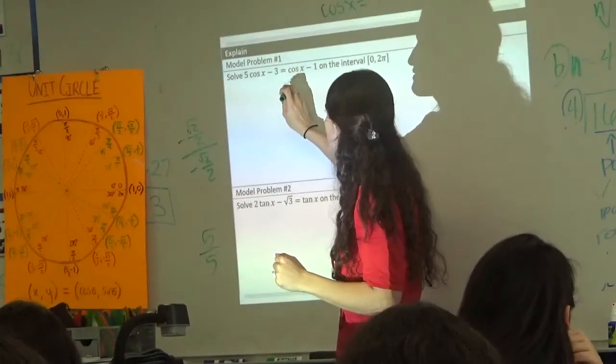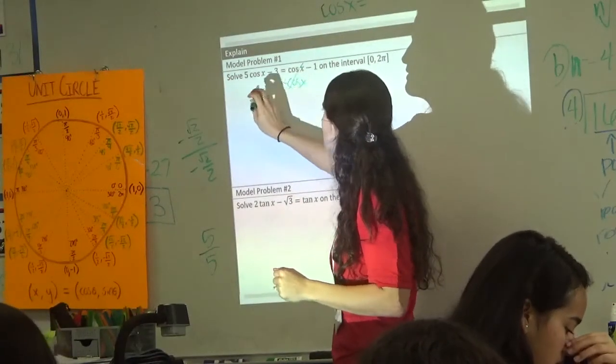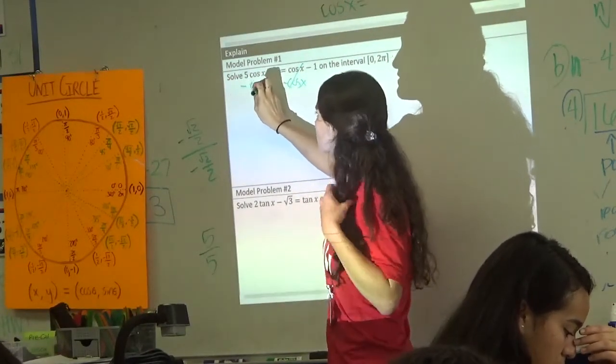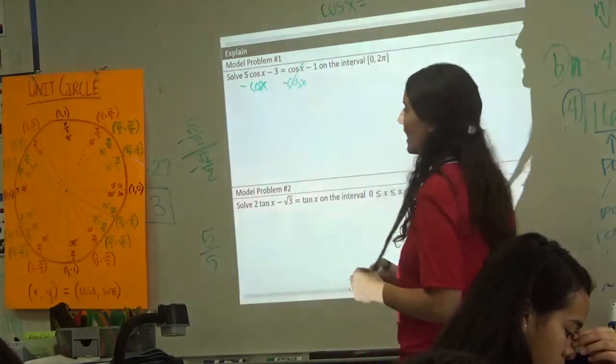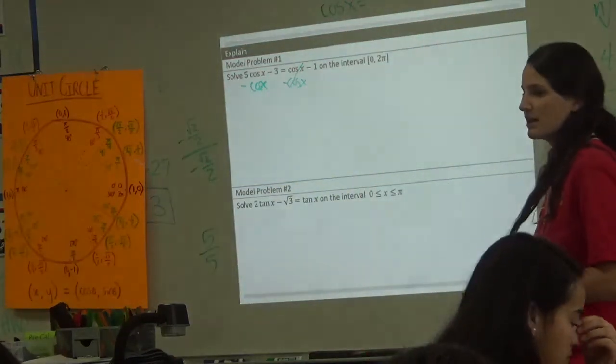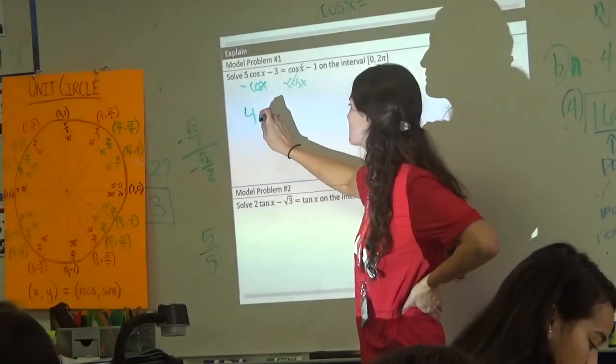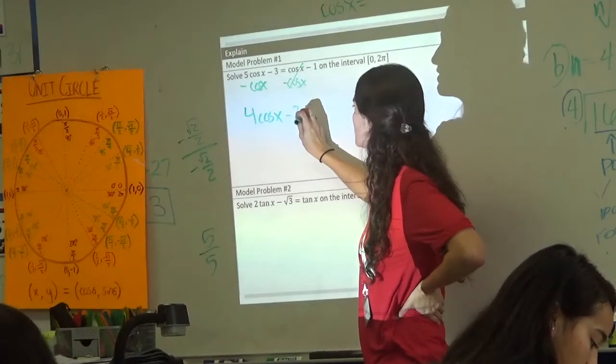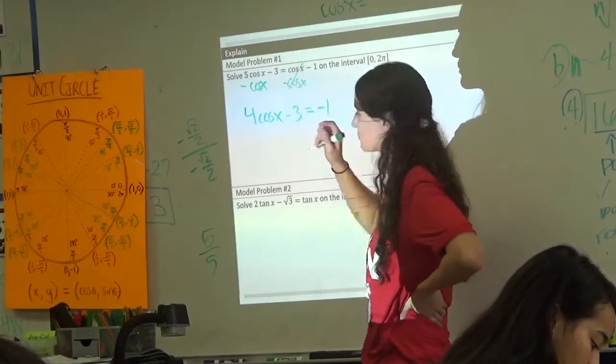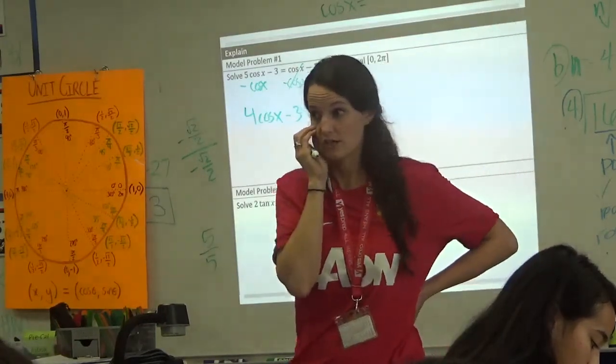I can subtract a cosine x from this side and subtract it on the other side. And if I had 5 cosine x and I subtract 1 cosine x, I now have 4 cosine x minus 3 equals, on this side I'm left with just negative 1 if I subtract the cosine. Okay?